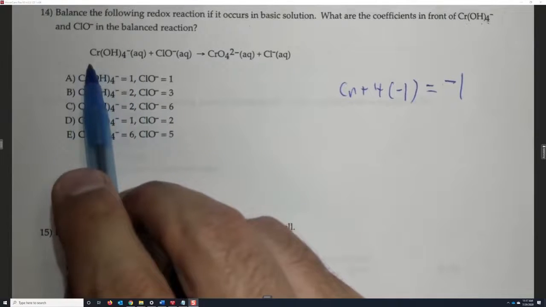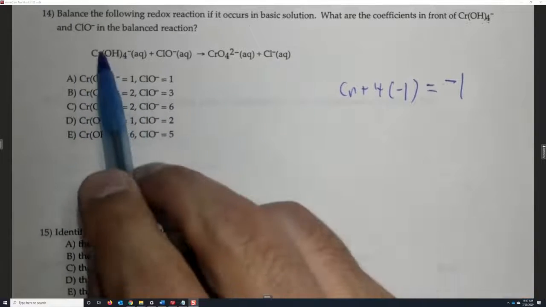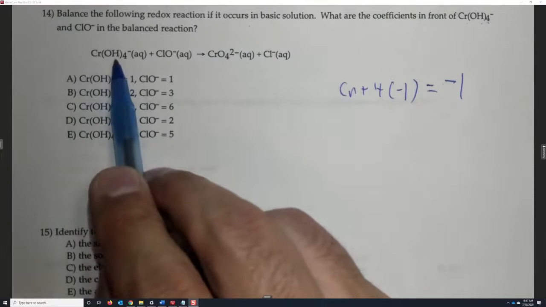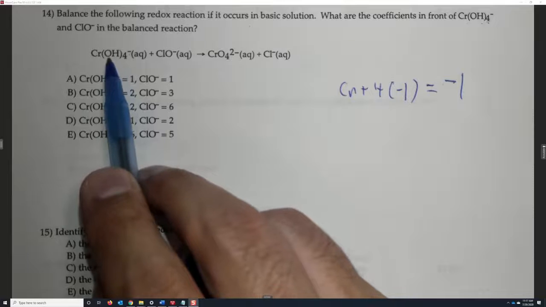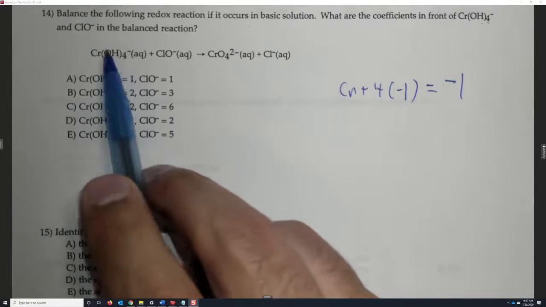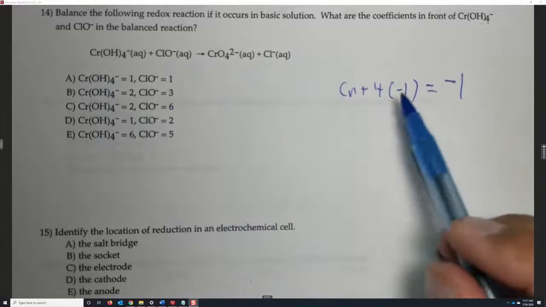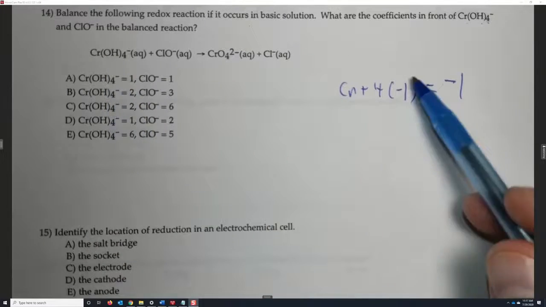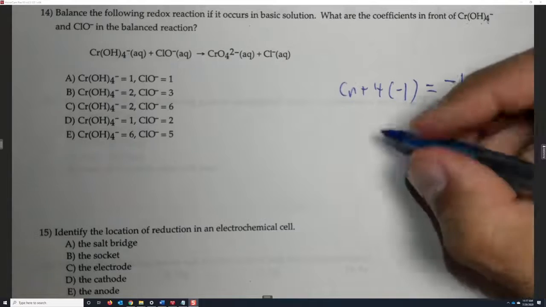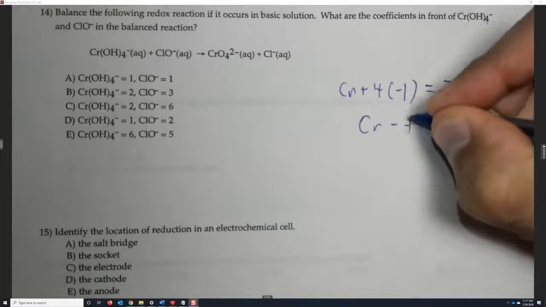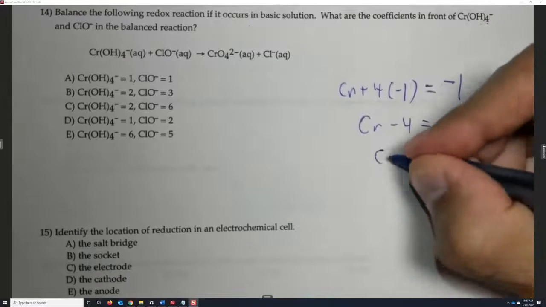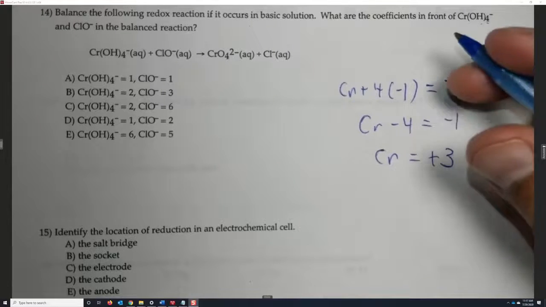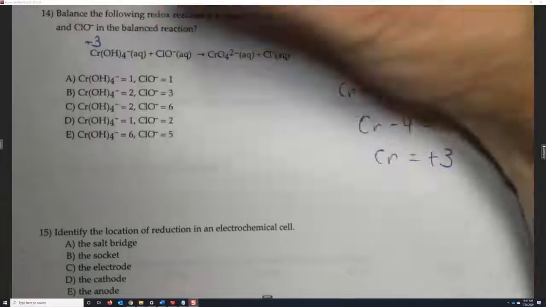If you wanted to, you could do Cr plus 4 times minus 2 plus 4 times plus 1, because each oxygen, there's 4 of them, is negative 2, and each hydrogen is plus 1. Either way, you get the same answer. So Cr minus 4 equals minus 1. Cr equals plus 3. So chromium is plus 3 on this side.